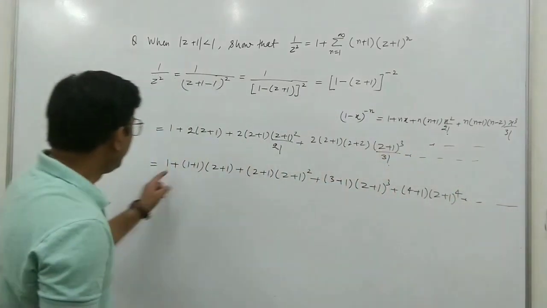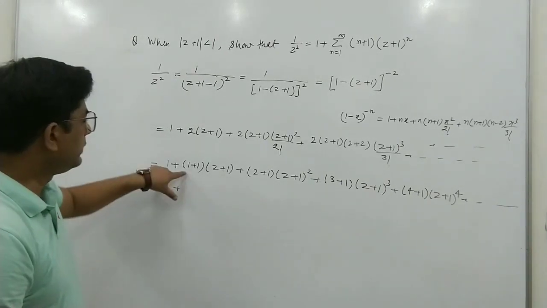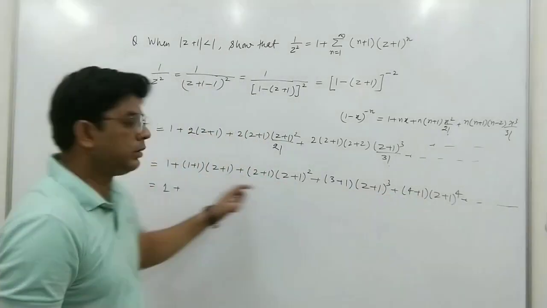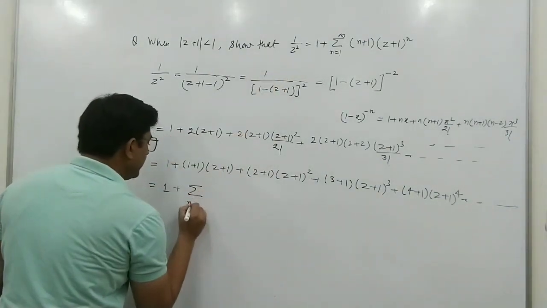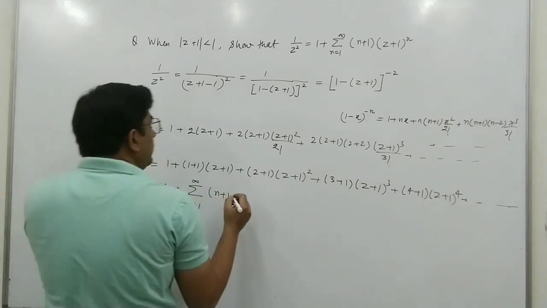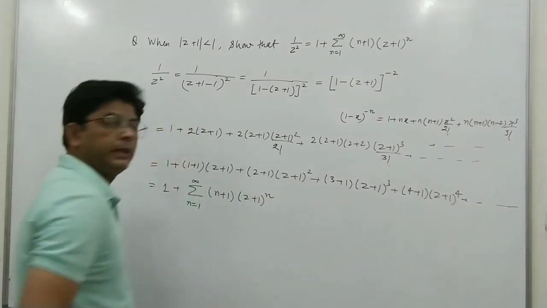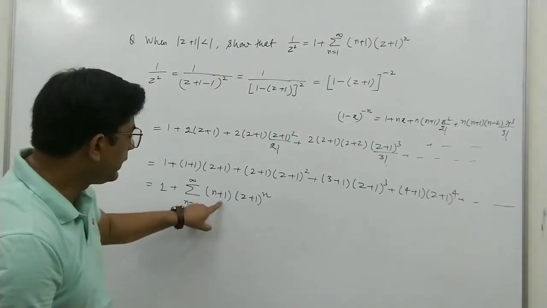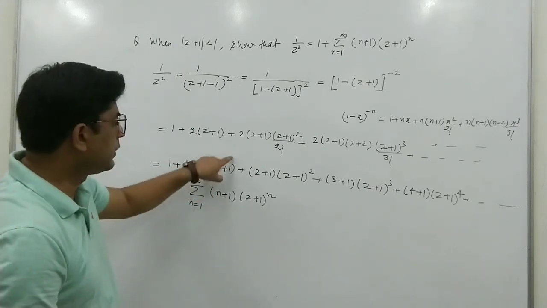Okay, so if we write the first one as it is, and this series except 1, we can write this as summation n equal to 1 to infinity (n plus 1)(z plus 1) to the power n. Okay, if we put n equal to 1 here, this is 1 plus 1, (z plus 1) to the power 1.